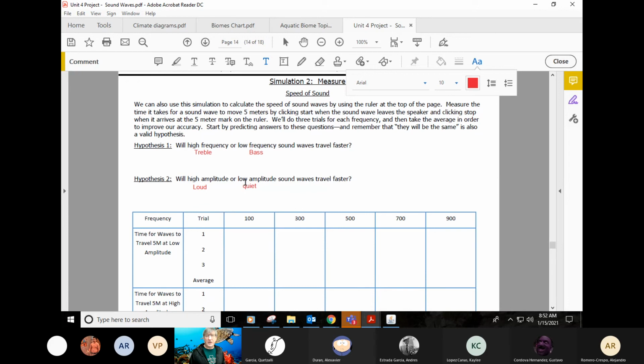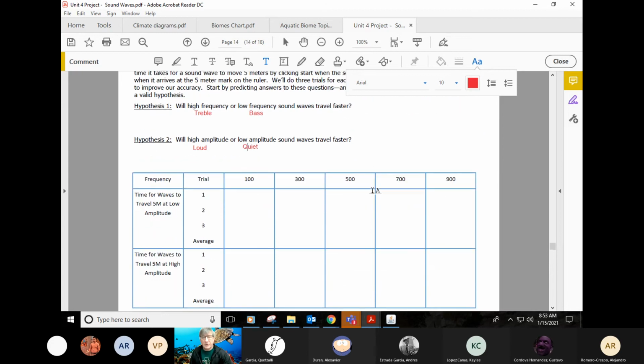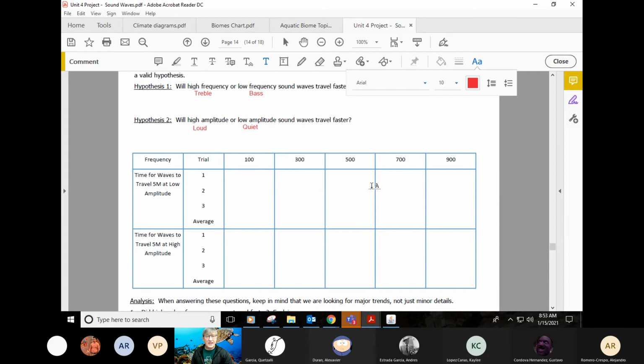So while you're writing out your prediction, I'm going to explain what's going on in this data table. So first of all, we're going to change the frequency, which of course is the pitch. Down here for 100 and 300, we would call that bass pitch. And up here for 700 and 900, we would call that treble, the high pitch.